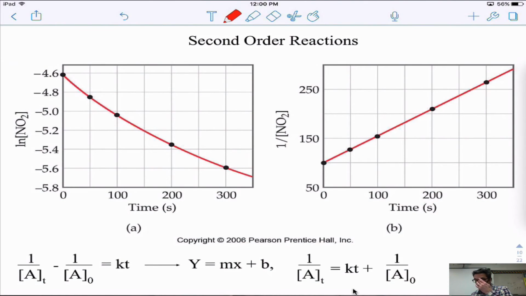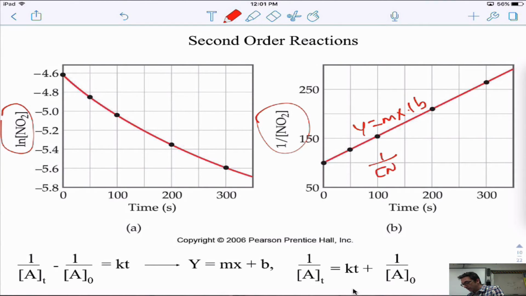Well, second order, when I try and do the natural log of the concentration or the pressure, I don't get a straight line. When I do 1 over, I get a straight line. So now I have 1 over, and I can put this into y equals mx plus b as well. This time y is 1 over the concentration of whatever the reactant is. I'll put in NO2 since they have that.